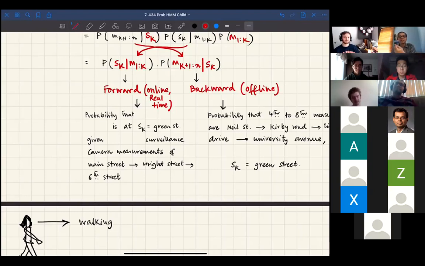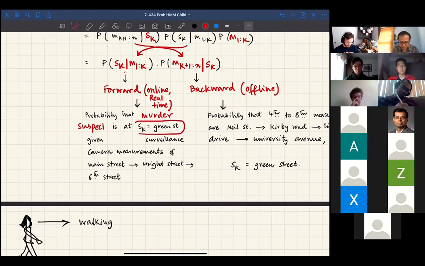But anyway, okay. So you're now trying to figure out, was this guy at the murder location at 3 p.m. or not, based on all the surveillance camera pictures that you have from 8 a.m. to night 10 p.m. So SK is that 3 p.m. Okay. So now you've broken down the problem into the probability that the murder suspect is at SK equals Green Street. Suppose the murder happened at Green.